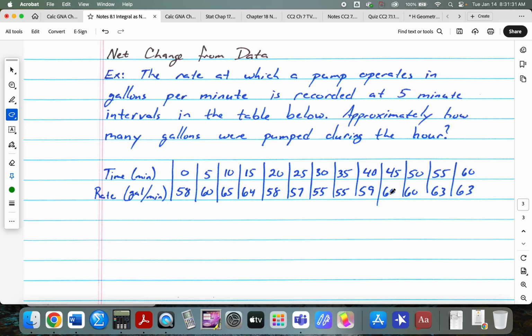Generally speaking, unless there's some reason not to, and I'm trying to get something as accurate as possible, I'm probably going to do a trapezoidal approximation. Because then you're using neither the left nor the right, you're averaging those out. You could use a midpoint. Midpoint has a certain nicety to it as well, but I'm going to use all the data.